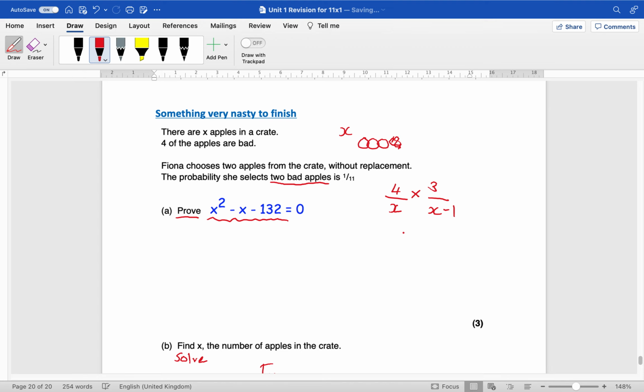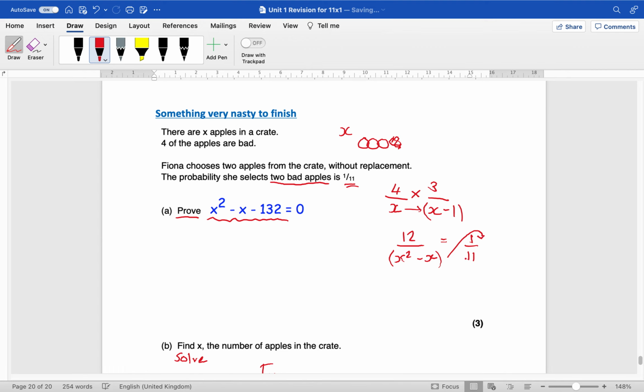Times them, okay, you just literally times the tops and times the bottoms. Think of that as being in a bracket and times them both by x, okay? But we're told that the probability of that happening is 1 over 11. Now look at the answer and go, oh, hang on, where are these numbers coming from? I can see the x squared minus x. Oh, hang on. If this is being divided by, my gut feeling says it should come up there and be times by it.